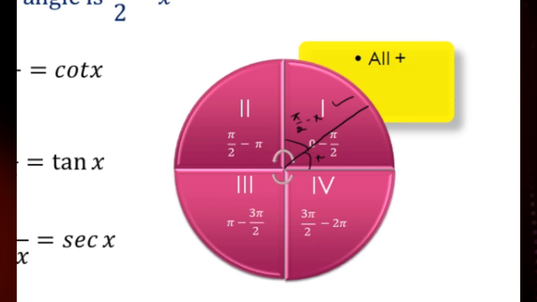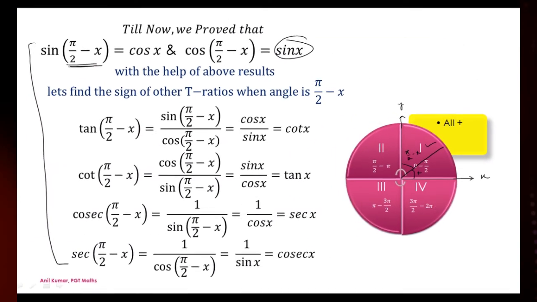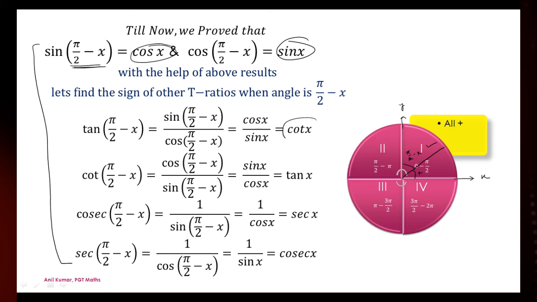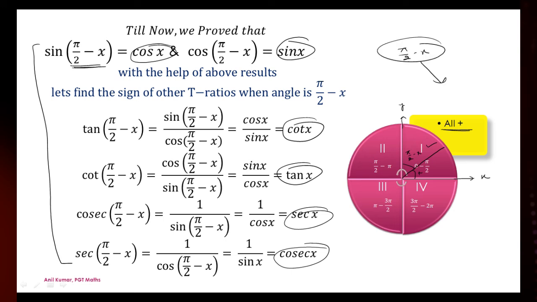That means it is measured from the y-axis towards x-axis. So first thing, if you observe that all the t ratios, whatever value we got, all are positive. Correct? That's why I wrote that whatever value will be 90 minus x will have all the positive t ratios.